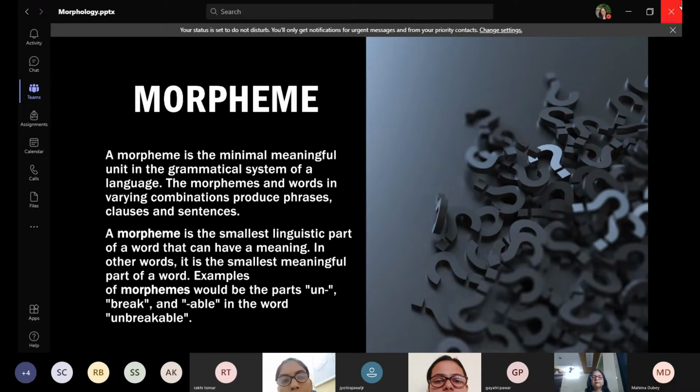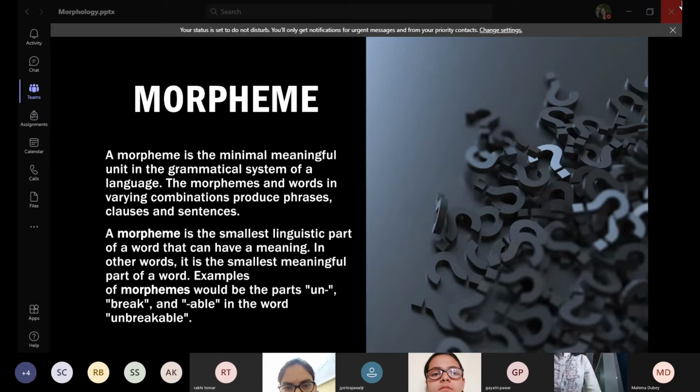So what are the examples of morpheme? Example of morpheme would be, see, this is one word, unbreakable.